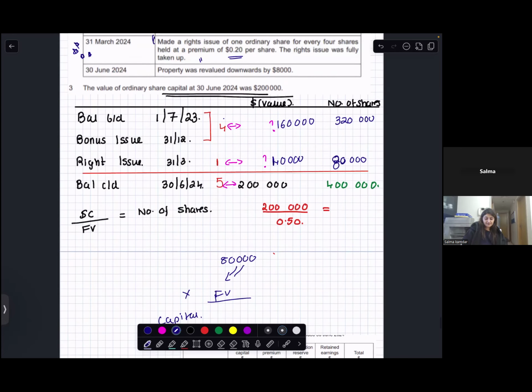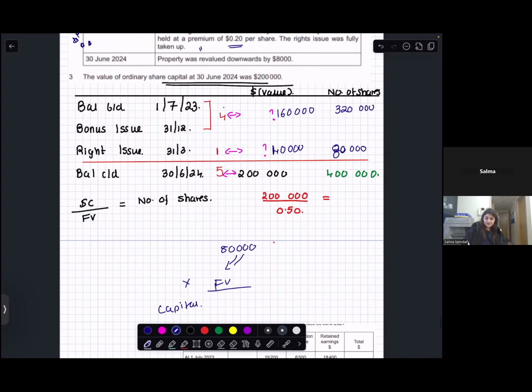How much would go in the capital? 40,000. And 80,000 into the premium value. How much is the premium? 0.20 is something that would go in the share premium. Share premium, 16,000.